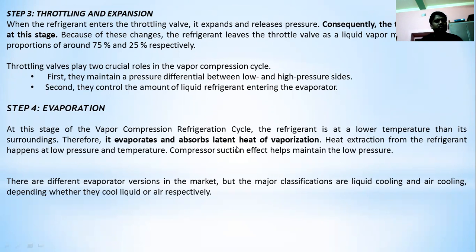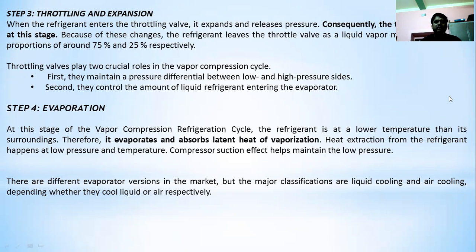Now the fourth step, that is evaporation. This is the most important in terms of our usage, because here we are getting the cold air or cold portion. At this stage of the vapor compression refrigeration cycle, the refrigerant is at lower temperature than its surroundings. Therefore, it evaporates and absorbs latent heat of vaporization. Heat extraction from the refrigerant happens at low pressure and temperature. Compressor suction effect helps maintain the low pressure.